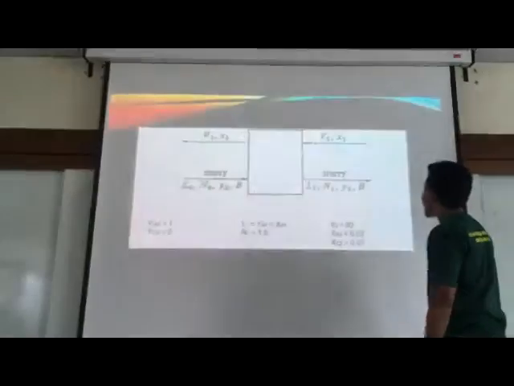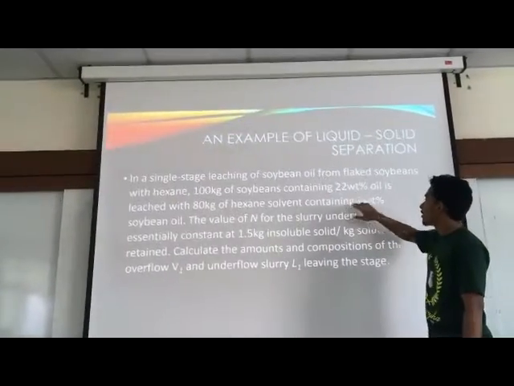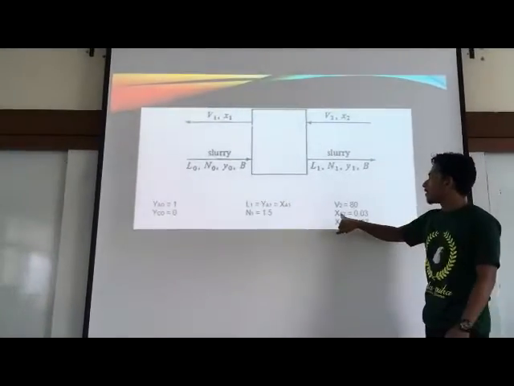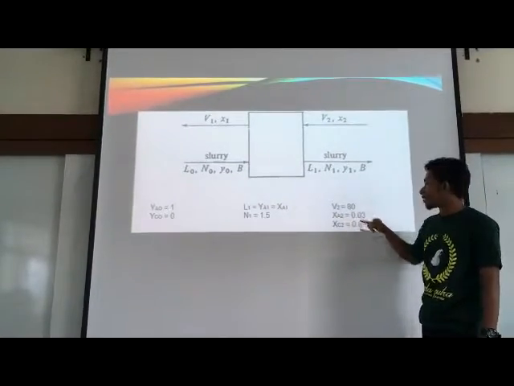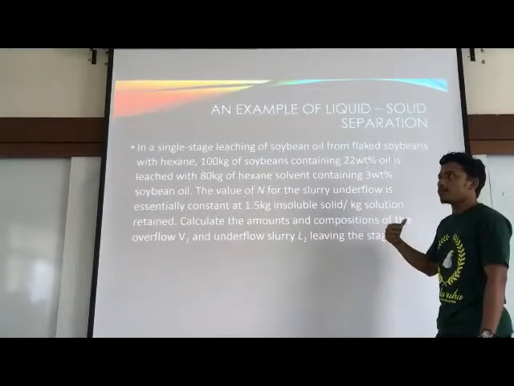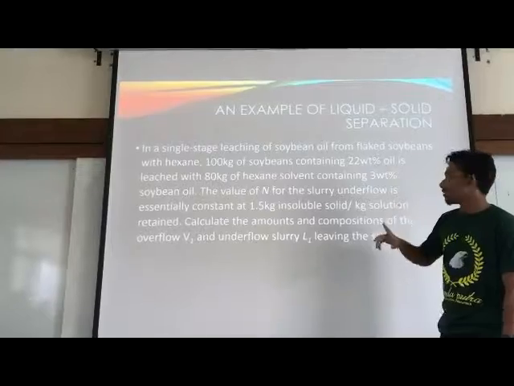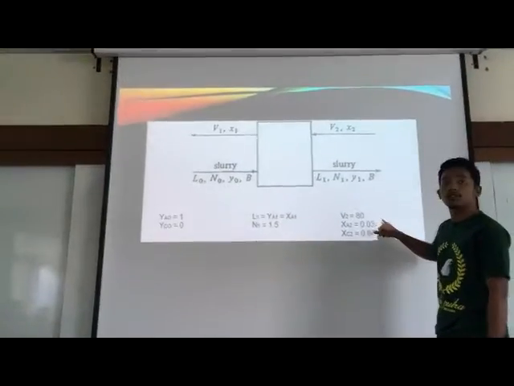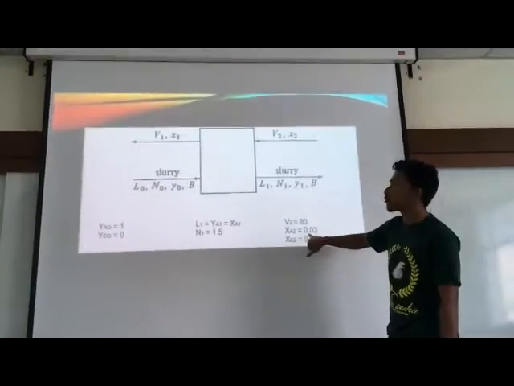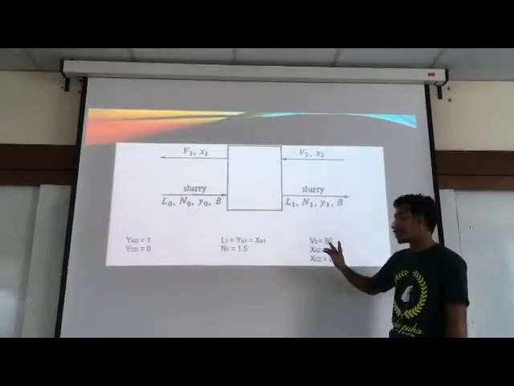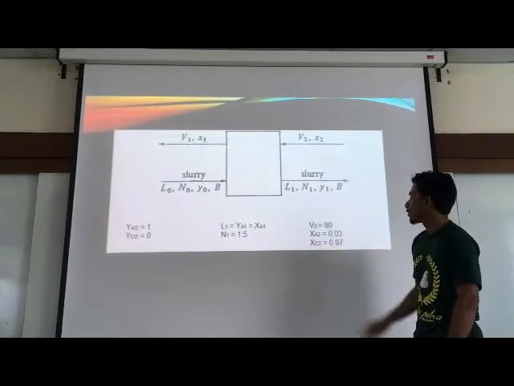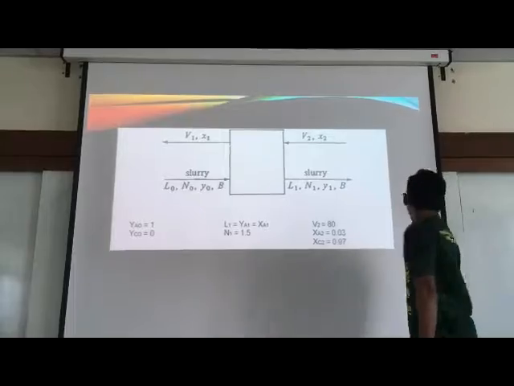And this 3% is here, XA2, and the XC2 we just subtract from 1, we subtract the 0.03, because the 3% we divide by 100 to get 0.03, and 1 minus 0.03 gives the value for XC2, 0.97.